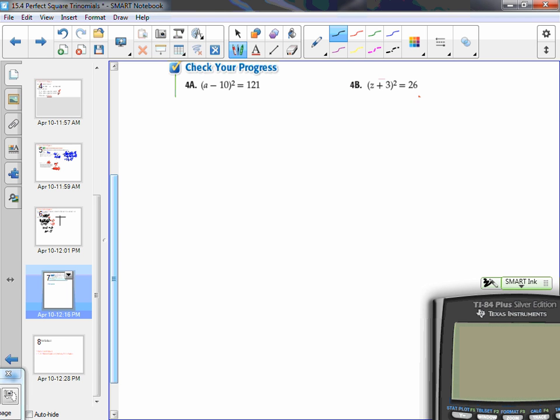But let's follow the model that we just came up with on the previous example. I can take the square root of both sides. The square root of a minus 10 quantity squared is a minus 10. The square root of 121 is 11. What does a equal?